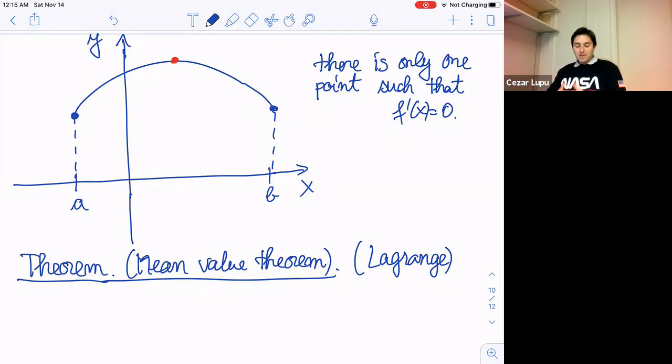Anyway, officially he's a French mathematician with many contributions in analysis, number theory, and so on. Well, I would say many contributions in mathematics. But among these existential contributions, there is this particular theorem, which we call nowadays the mean value theorem. And let me write it in red.